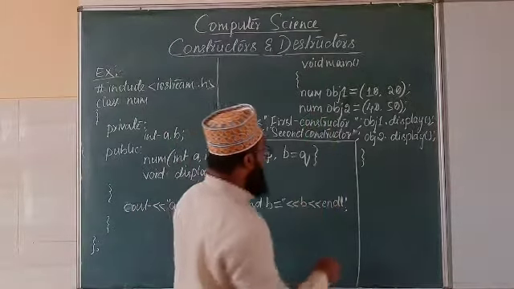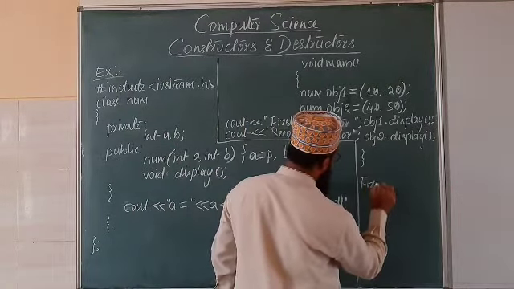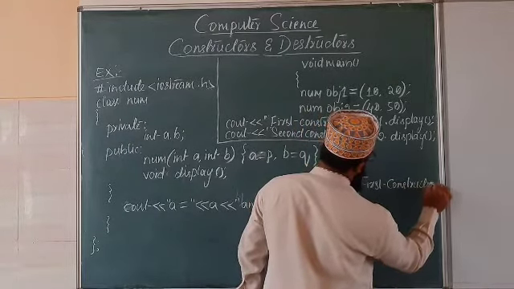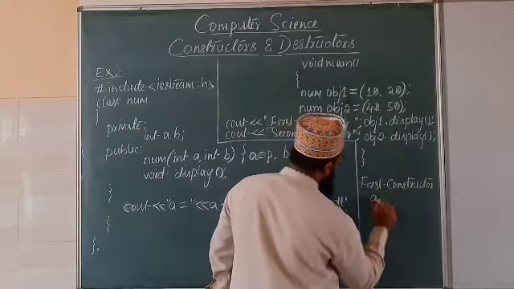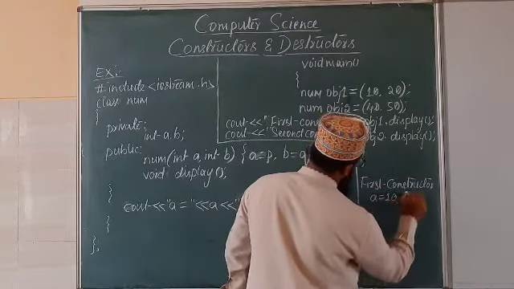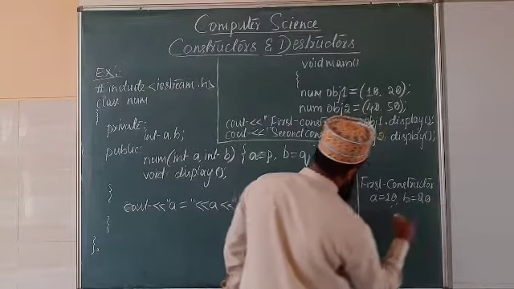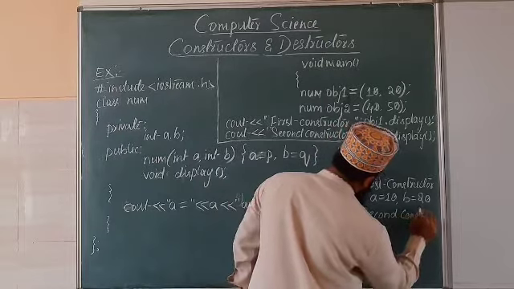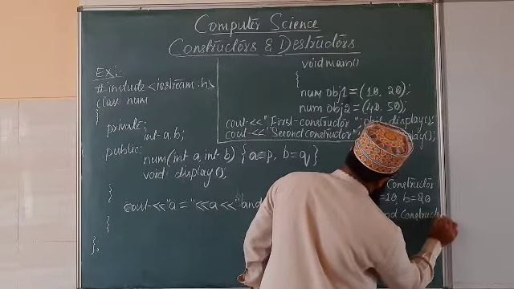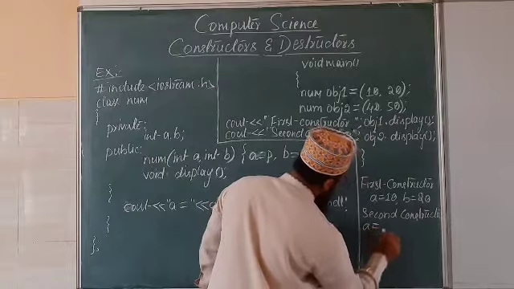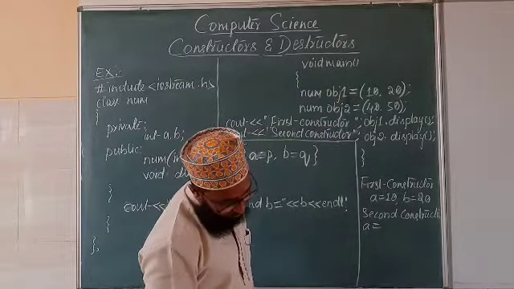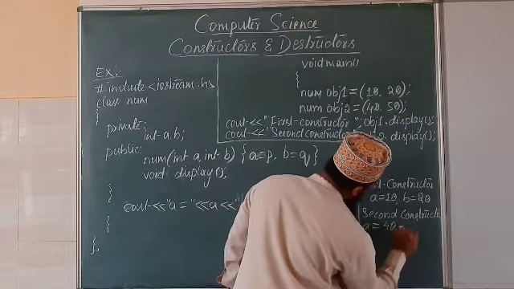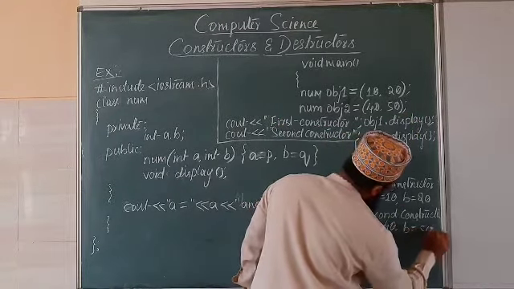Then the output of this program is: first constructor, then a equals 10, b equals 20. After that, second constructor, a equals, sorry, I think it is P and Q, a equals what we have given, 40, and b equals 50.